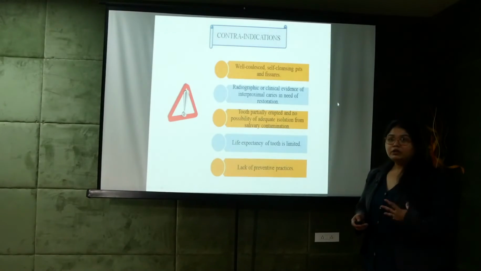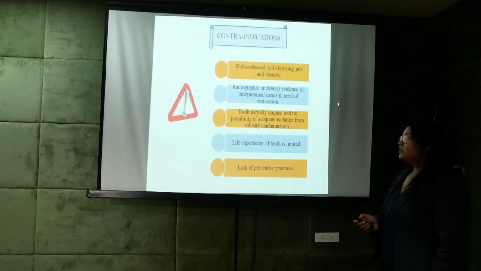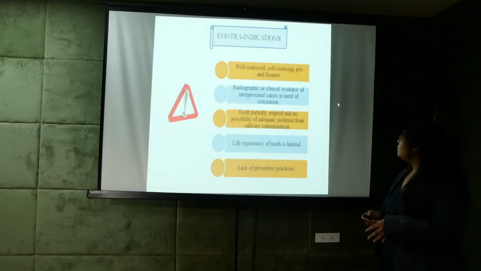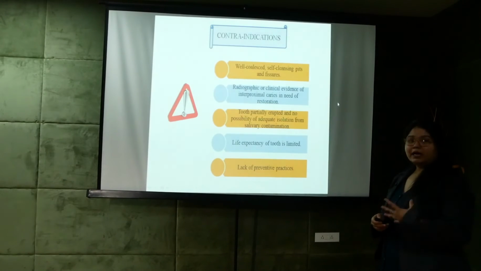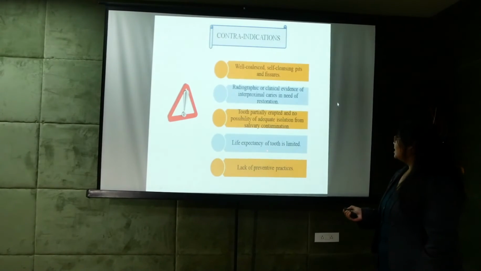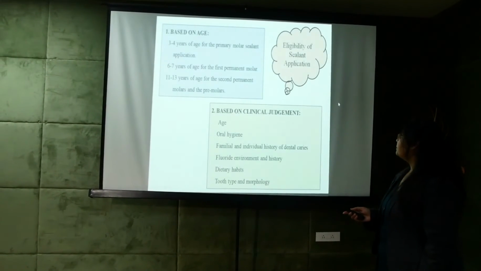Where we should not use PFS: well-coalesced, self-cleansing pits and fissures, radiographic or clinical evidence of interproximal caries, partially erupted teeth, limited life expectancy of the tooth, and lack of preventive practices.